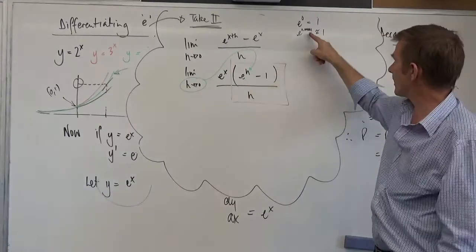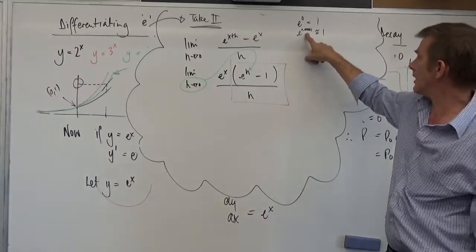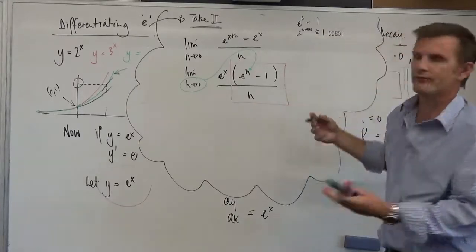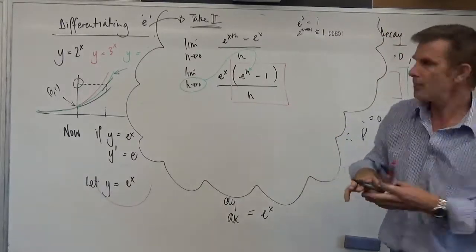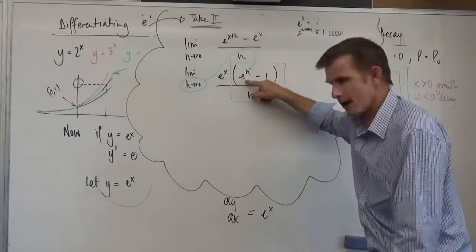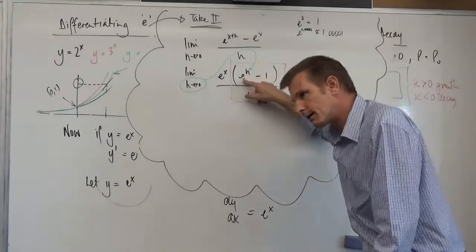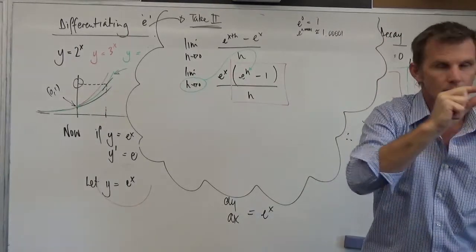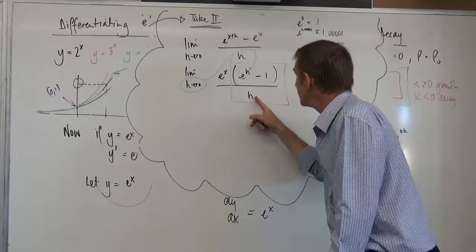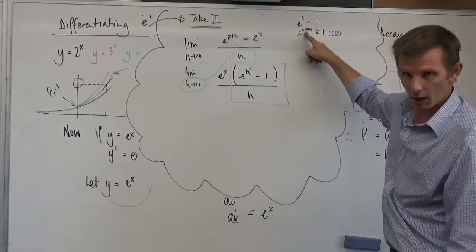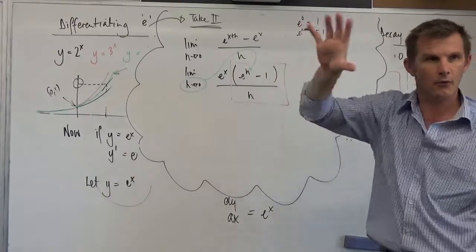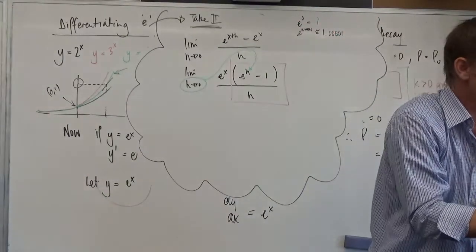If you're unsure about that, put something like this into your calculator. It'll be 1.0000, something like that. Right? So if you have that there, then slightly more than 1 minus 1 is a really small number, isn't it? And then if I divide that by a really, really small number, isn't that whole thing in the red going to just approach 1?